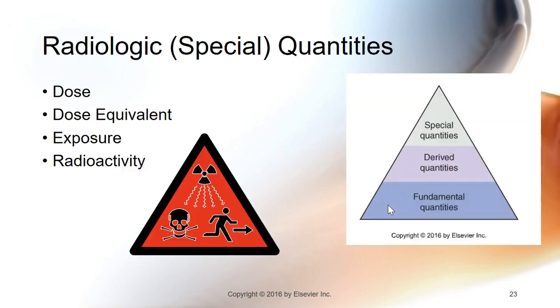Once we get the derived quantities, then we're going to talk about some special quantities of radiology, and those are dose, dose equivalent, exposure, and radioactivity. But you can't understand the dose until you understand the derived quantities, and you can't understand derived quantities unless we go to fundamental.